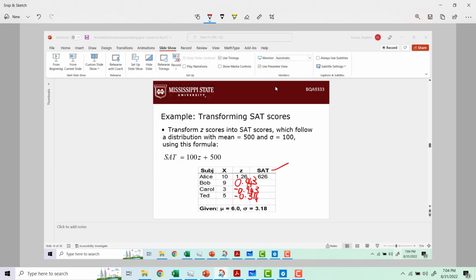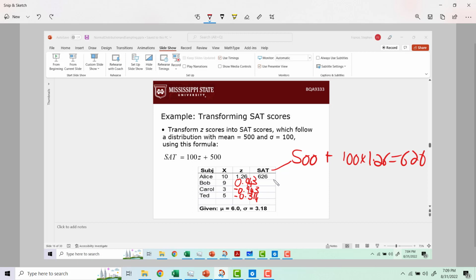You can see 626 is going to be 500 plus 100 times z, 100 times 1.26. Now notice that these numbers are just going to be 10 times the previous ones, because that was 50 and 10.